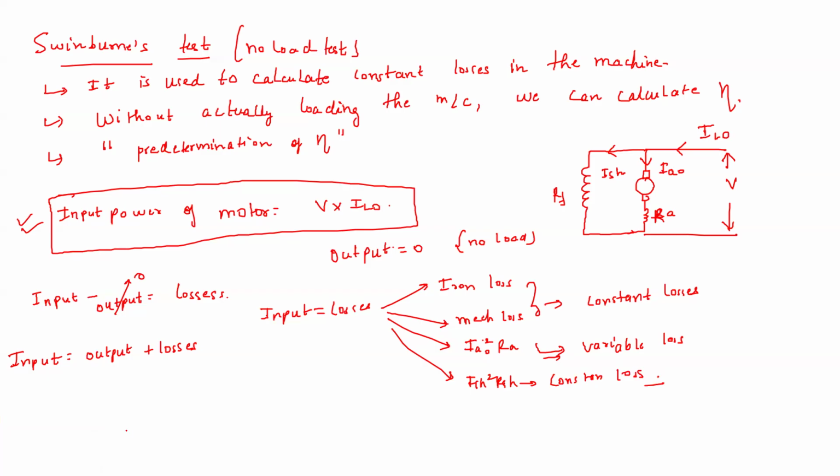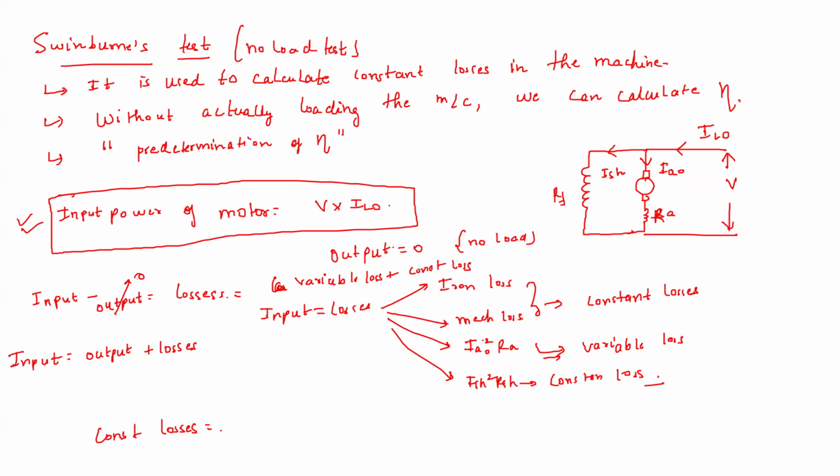So if I have to find out the constant losses, it becomes equal to the input power minus the losses, which consist of variable loss plus constant loss.